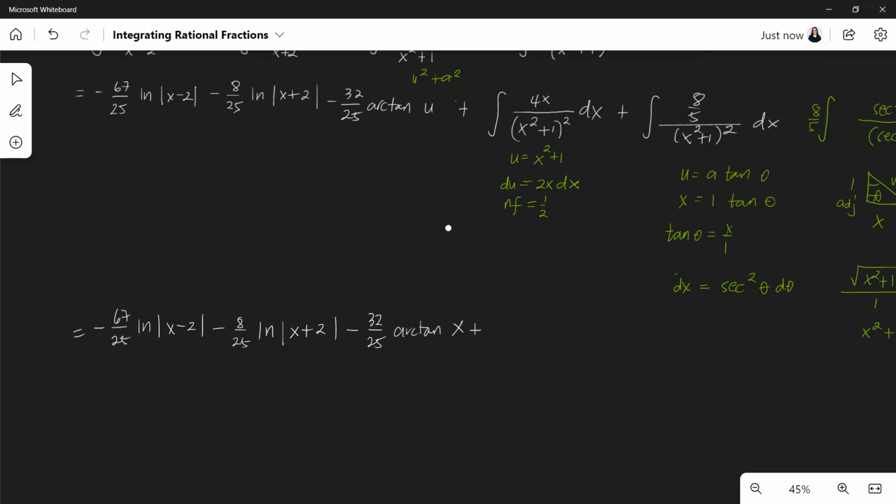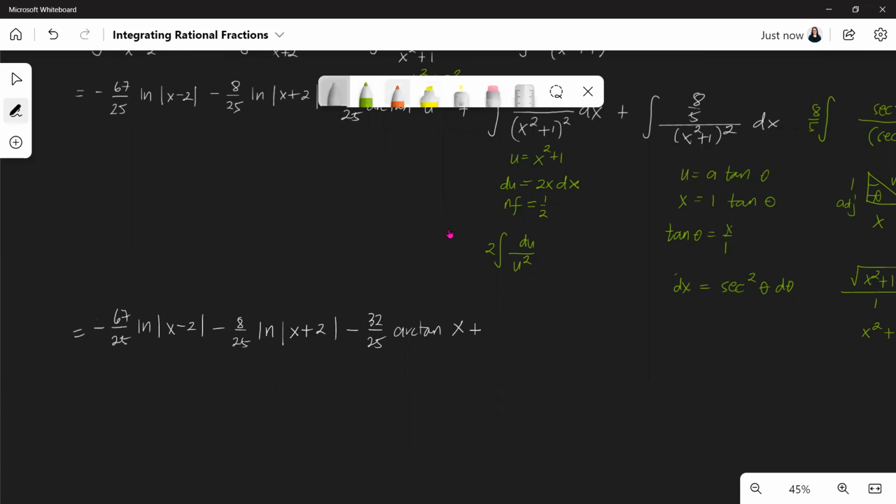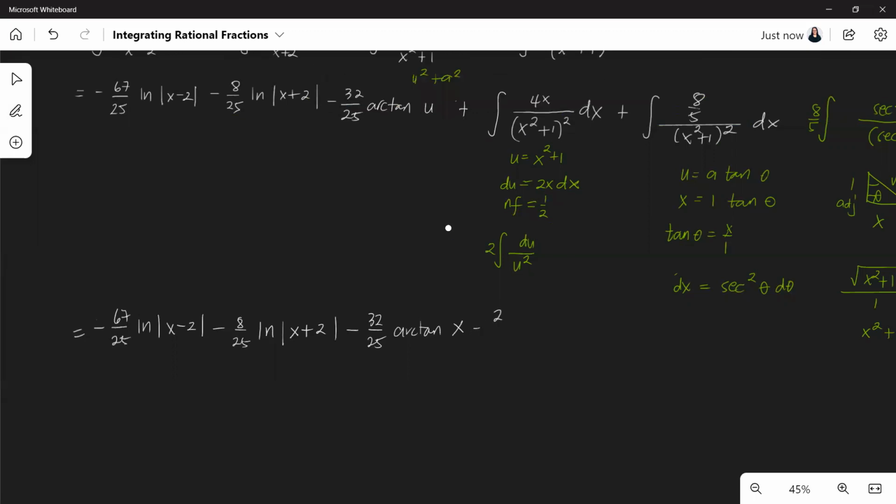So that's integral. This is transformed into integral of 2 du over u squared, or that's 2 u raised to negative 2. So the integral would be 2 u raised to negative 1 over negative 1. Basically that's negative 2 u raised to the power of negative 1, or that's minus 2 over x.